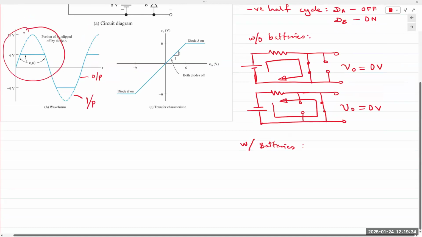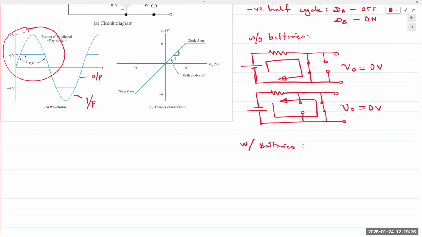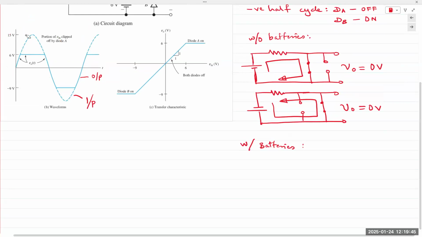We are applying plus 15 volts and minus 15 volts. Okay, so 30 volts peak to peak, 15 volts peak. Actually, this is not marked, but let's say this is minus 15 right here. Okay, plus 15 and minus 15. So in the positive half cycle, DB is off. DA remains off until the anode goes 6 volts higher than the cathode.